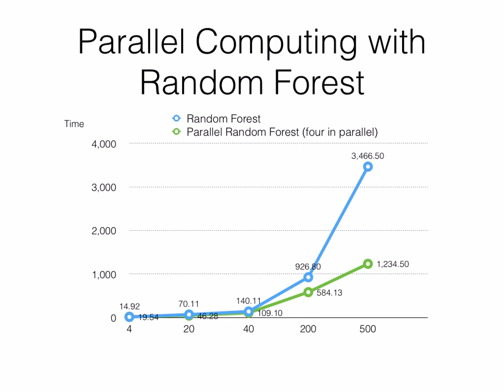However, when you increase the number of trees, the random forest needs to run a very long time, while the parallel random forest is now much faster. So if you want to run a large number of trees, it's better to use the parallel version.